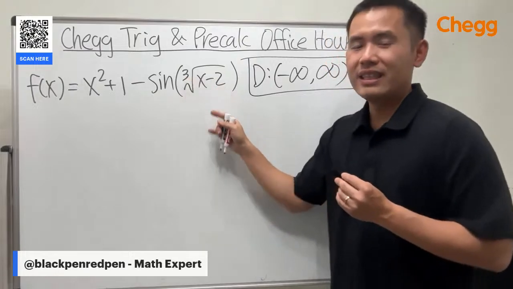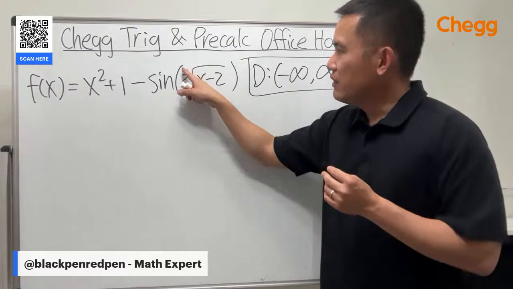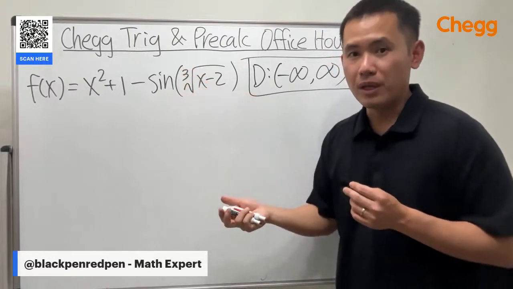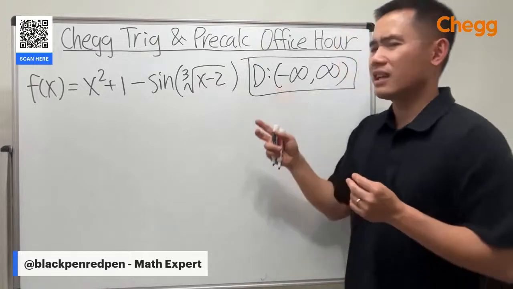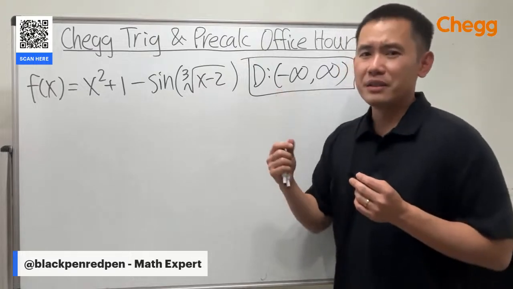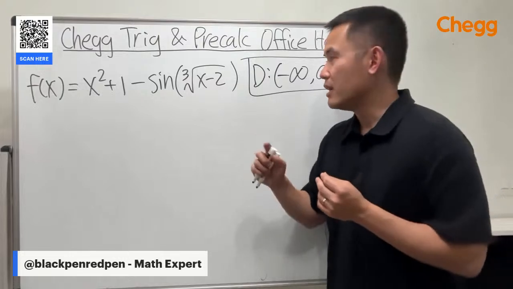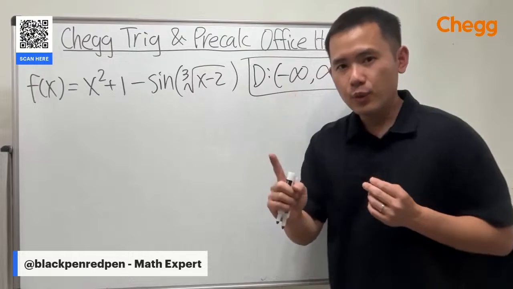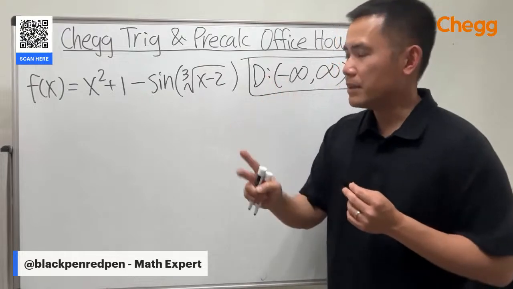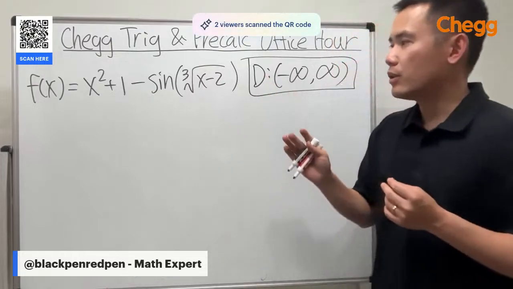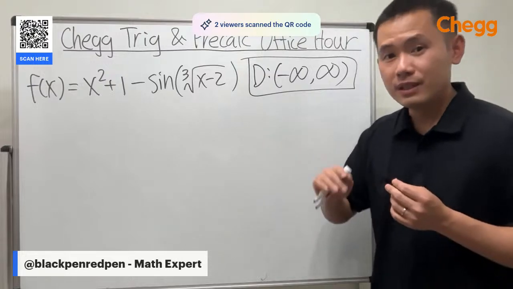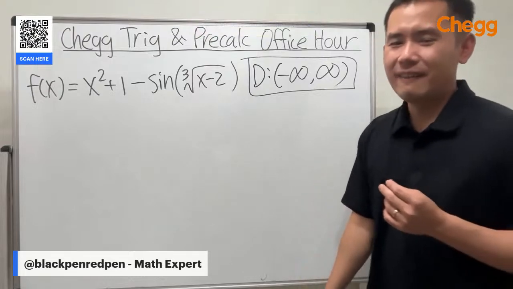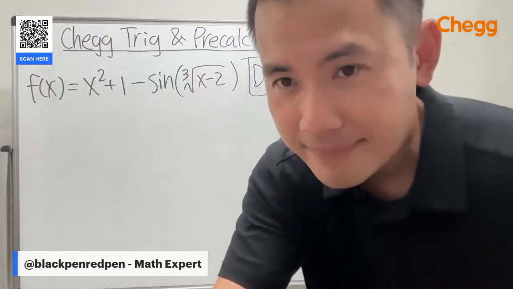No. Technically, I should say, if the index here is an even number, then you have to worry about the domain. But usually for your pre-calculus class, we just talk about either the square root or the cube root. But truth be told, it's the even root. There's no square root, there's no denominator, right, x in the bottom, and there's also no logarithms. There's no worry. Domain, all real numbers. Just like that. Very, very nice.